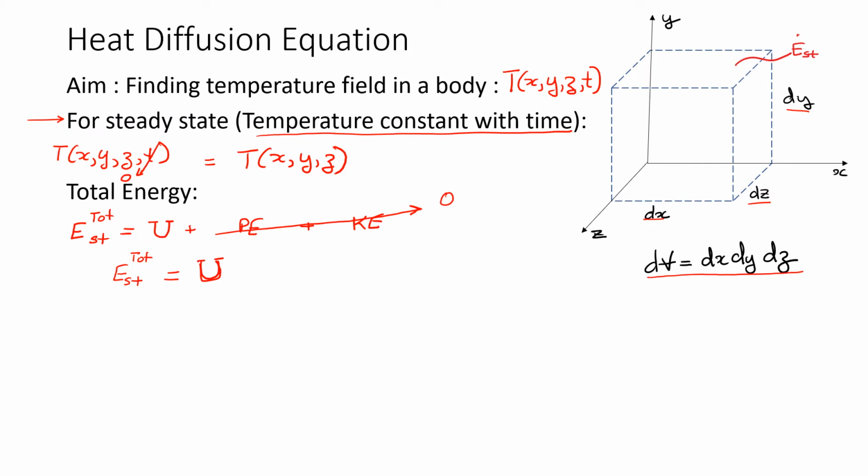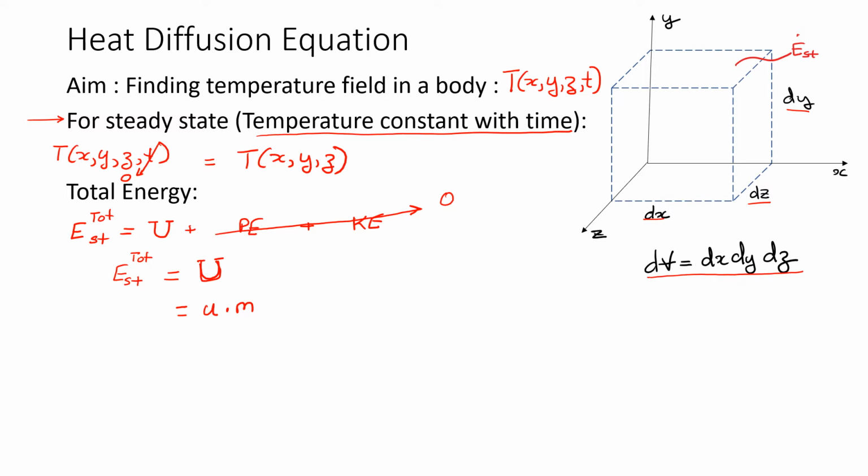So we can write the internal energy as little u times m, where little u is the internal energy per unit mass or the specific internal energy, and m is the mass of the body or the object that we are considering. In this case, it will be the mass of the control volume.